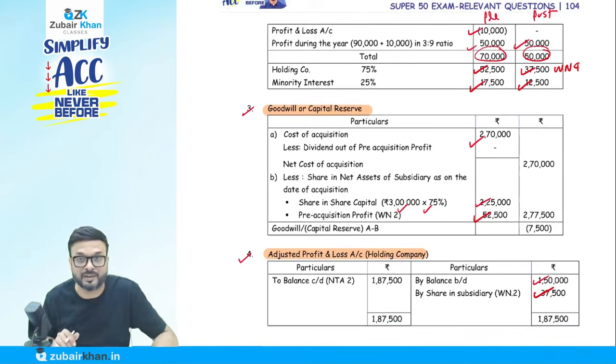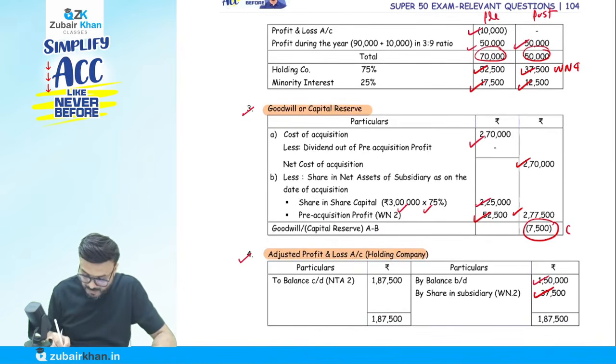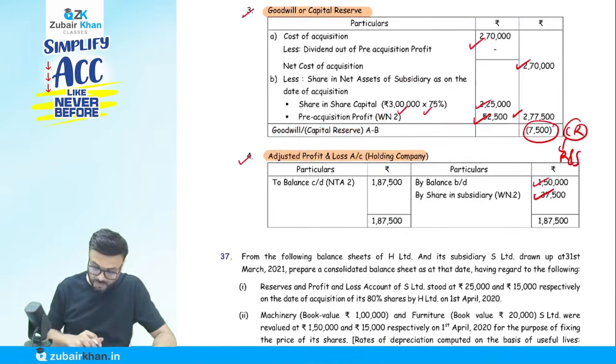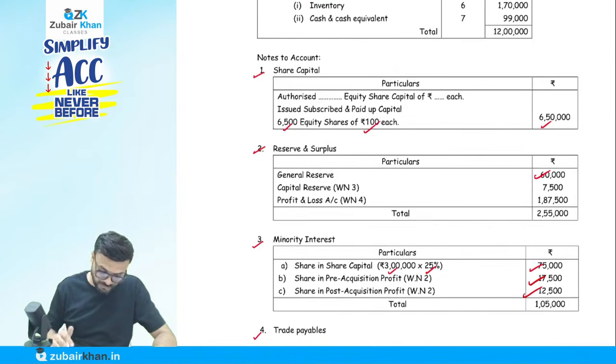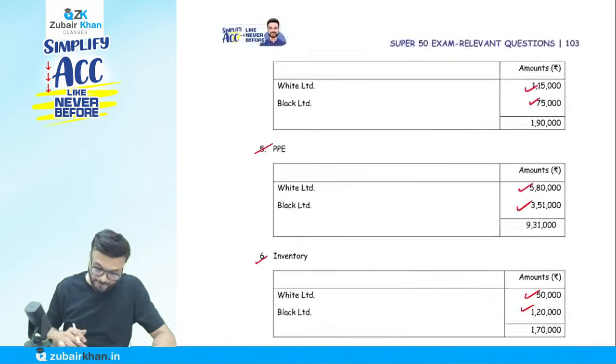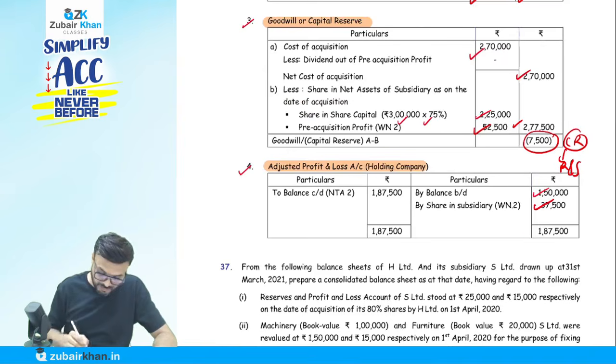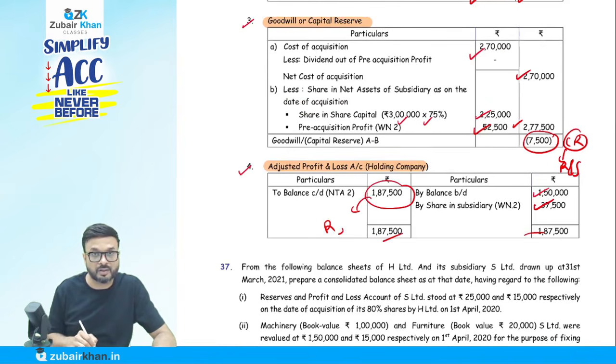Now working note 3: 270,000 minus 277,500 is coming negative. It is a capital reserve. Where will this capital reserve go? To reserve and surplus, note number 2, and you can see 7,500. Then last, in working note 4, 187,500 will go again to reserve and surplus.